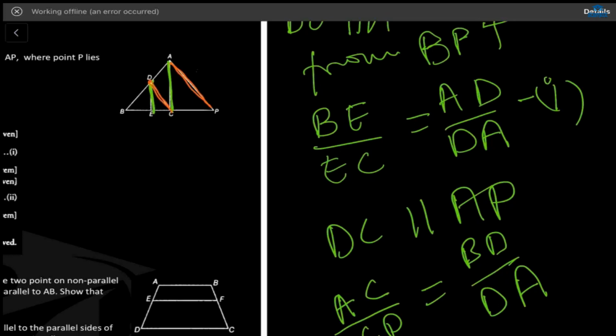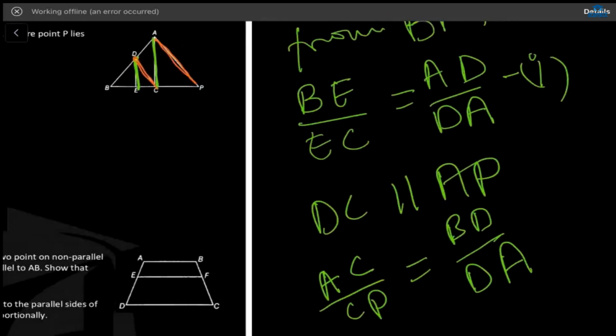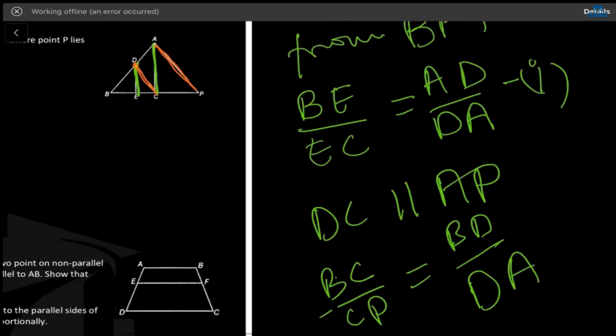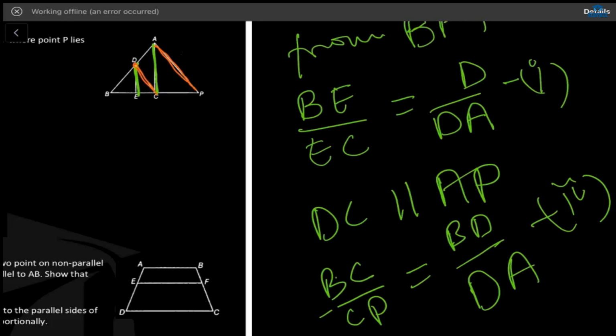And in the next, if DC is parallel to AP, then it will be BC by CP, and here it will be BD by DA. With DA, you can write DA, that will not confuse. Now you can see here BD by DA.